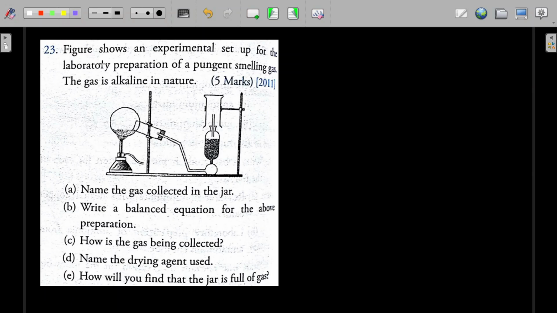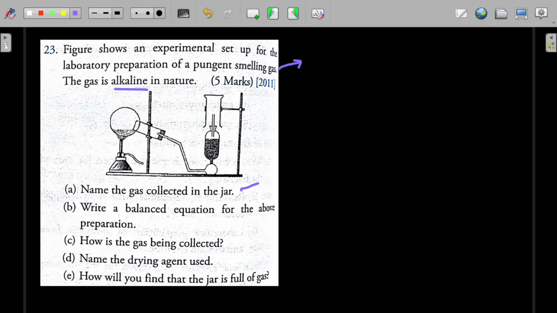See here what they have given. This is a laboratory preparation of a pungent smelling gas. They didn't mention which one it is. The gas is alkaline in nature. Remember, the only alkaline or basic gas you know is ammonia. Name the gas collected in the jar: ammonia. For the balanced equation, you identify the method from the flask. It is a slanting round bottom flask, so you will use ammonium salt plus alkali.